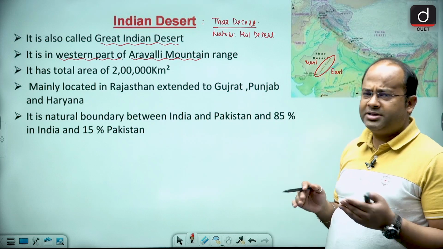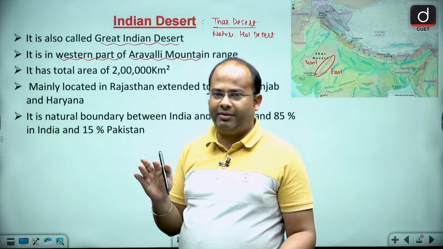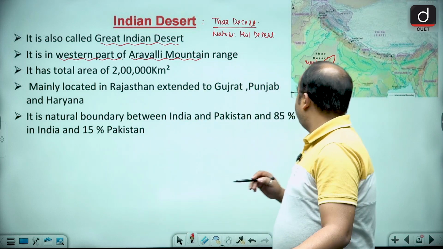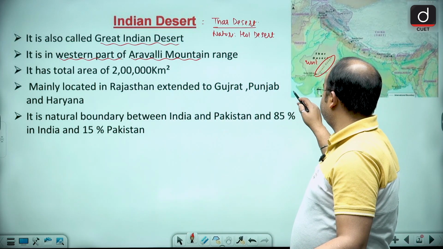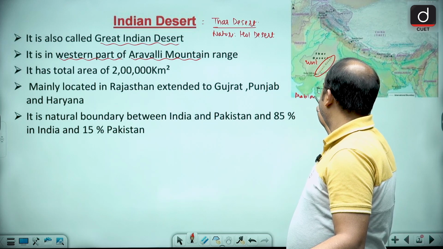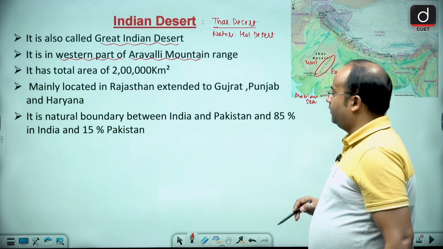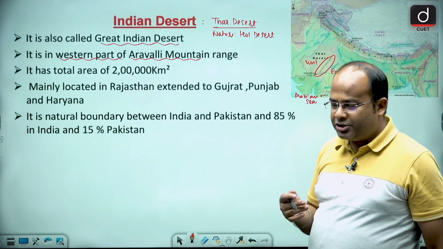Now guys, how was this Thar Desert formed on the western side of the Aravalli mountain range? Let me explain it to you. First of all, here you can see this is the Arabian Sea. On the Arabian Sea you will find the moisture-laden wind.